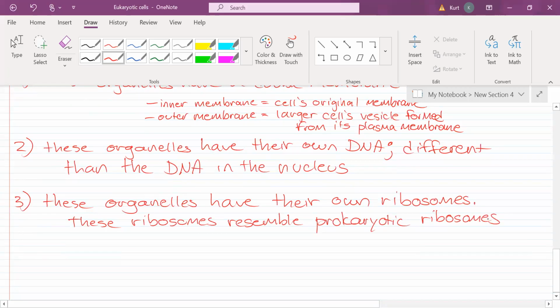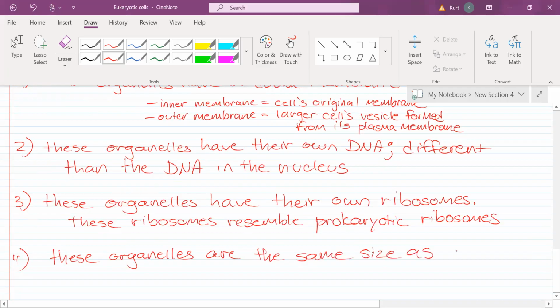Pretty peculiar, pretty coincidental, huh? And then finally, number 4, these organelles are the same size as prokaryotes.